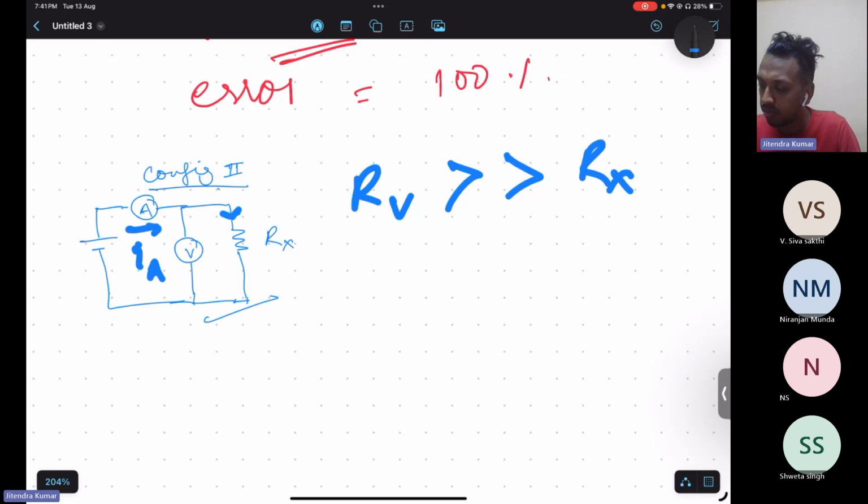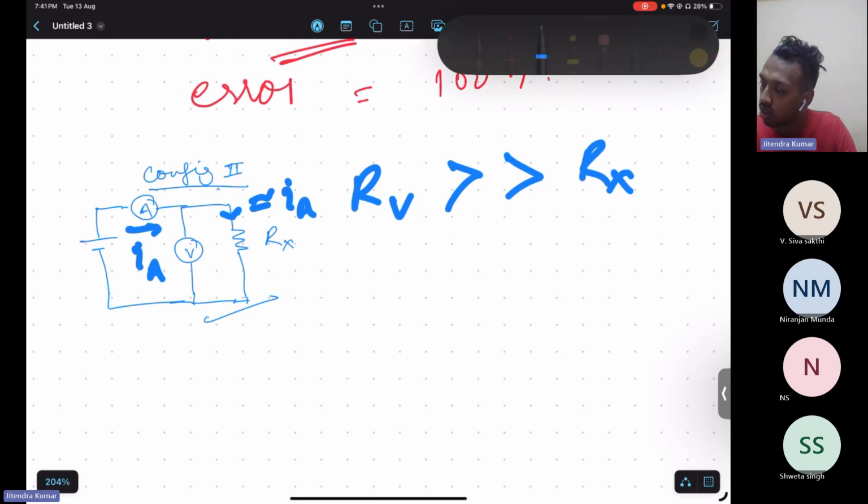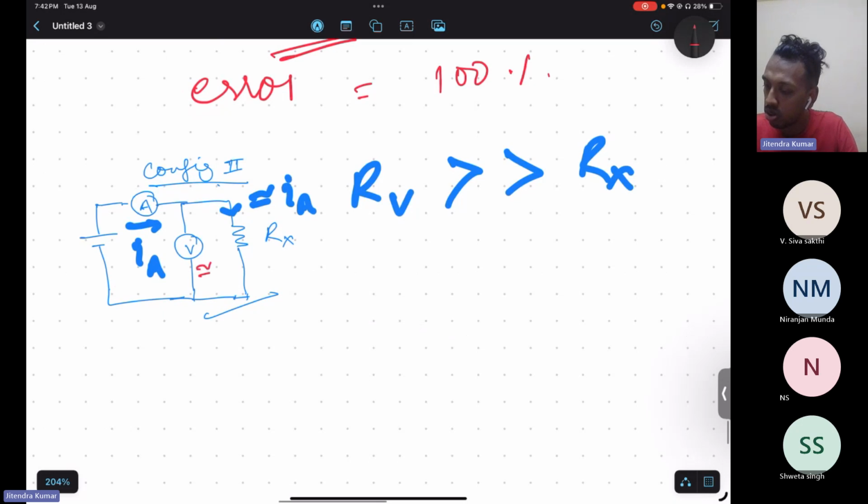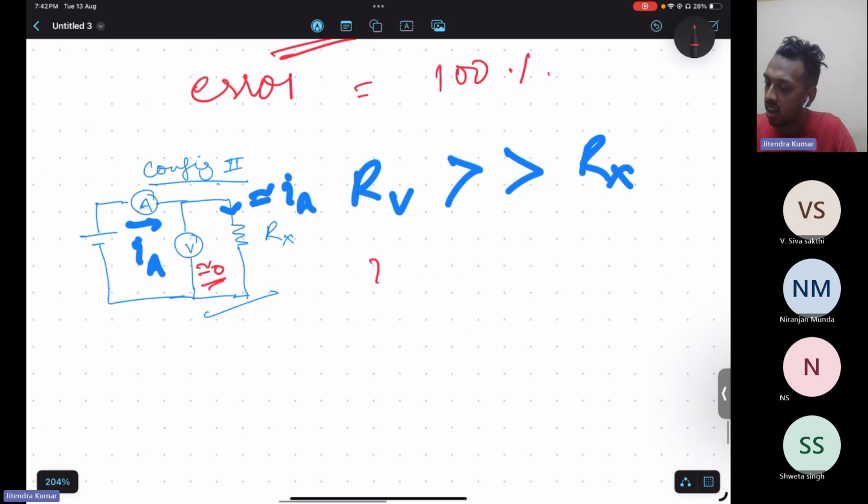almost all of it should flow across the Rx so that the current flowing through the voltmeter should be close to zero. So that is why IV should be close to zero. And to make that happen, you'll have to make RV much larger, close to infinity.